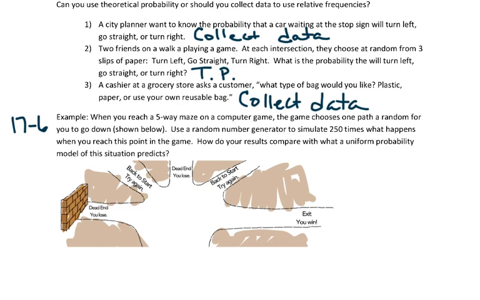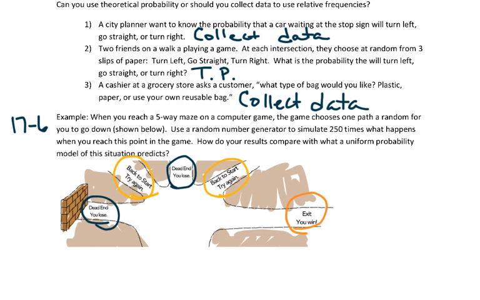Let's first talk about the uniform probability model of this situation. If you take a look, there are 5 paths you could go through, and 2 of them are dead ends, 2 of them go back to start, and 1 of them wins.